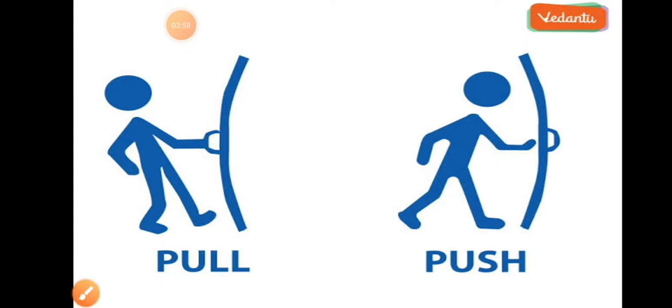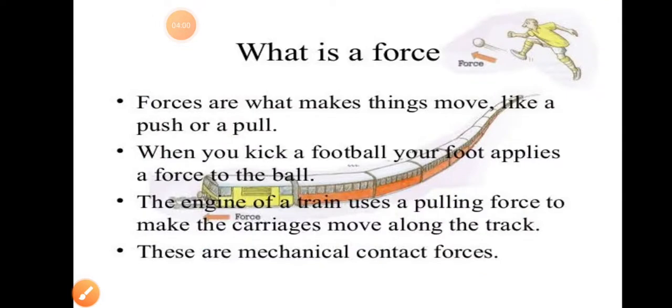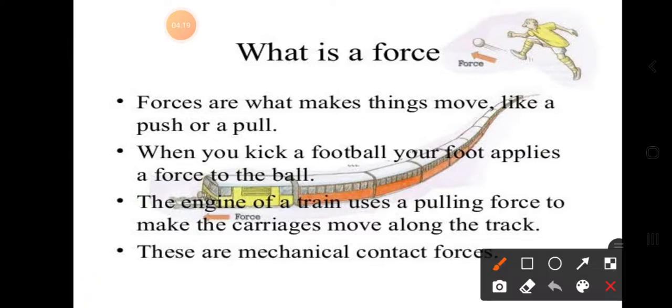So when a force is acting on a body or an object, what will it do? Generally, where do you use this force in general examples? Force makes things move. So generally this force is used because it allows things to move.